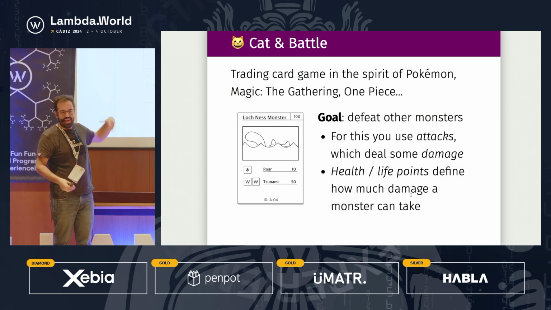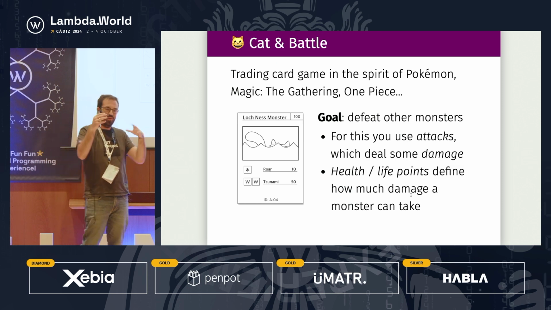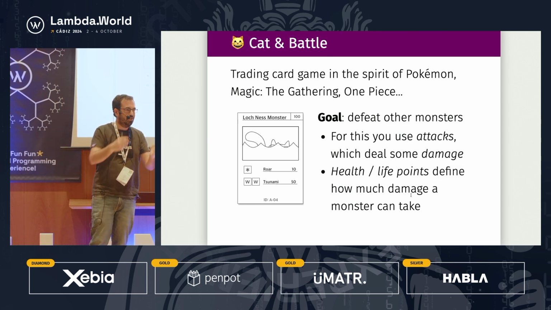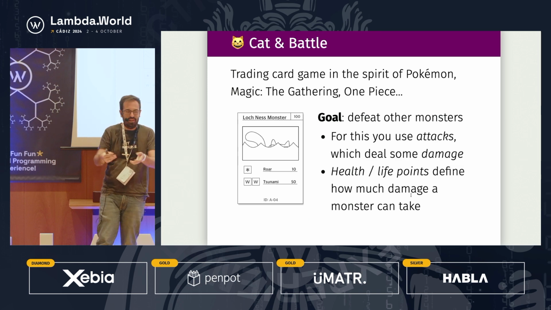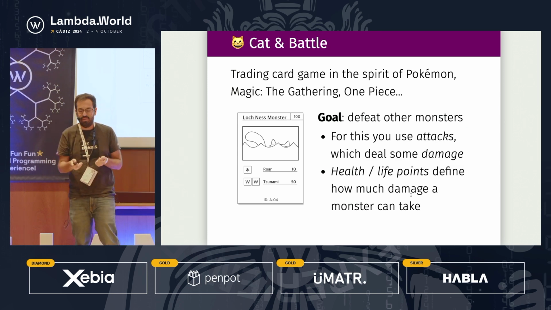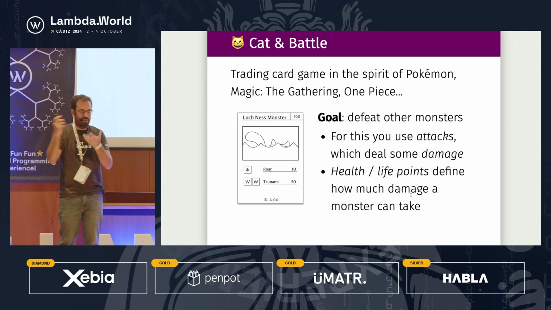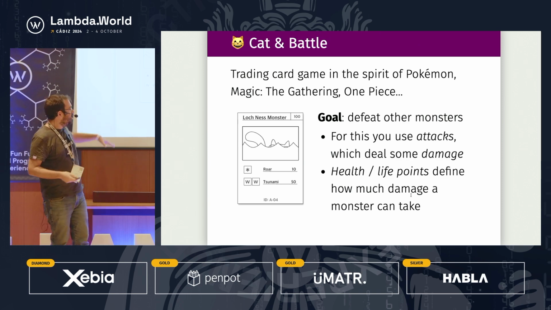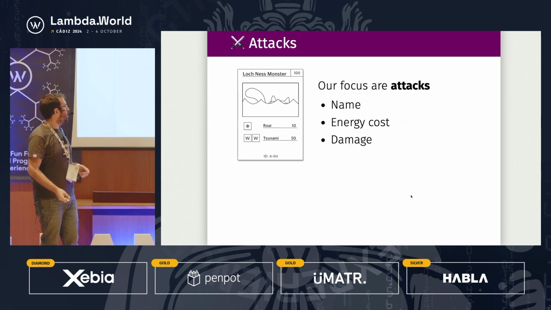You have attacks that deal damage, and when you do enough damage to the other monster or player, it is discarded or dies. Depending on the game this changes a bit, but I'm going to use this kind of game as an example here.